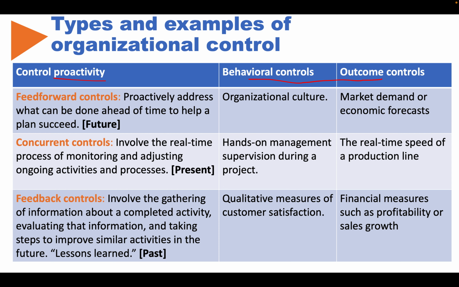Alrighty, let's jump to the middle column, which is the behavioral control. So behavioral controls are direct evaluation of managerial and employee decision making and actions. Not the outcome, not the result of those decisions. That would sit in the outcome control column. So behavioral controls are really the actions and the decisions we make.